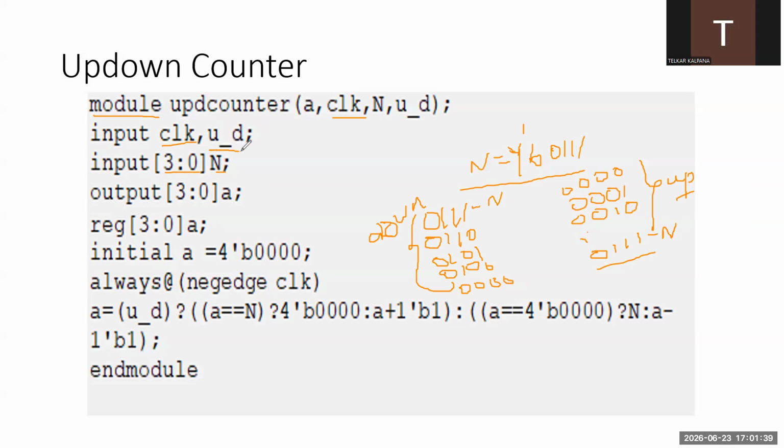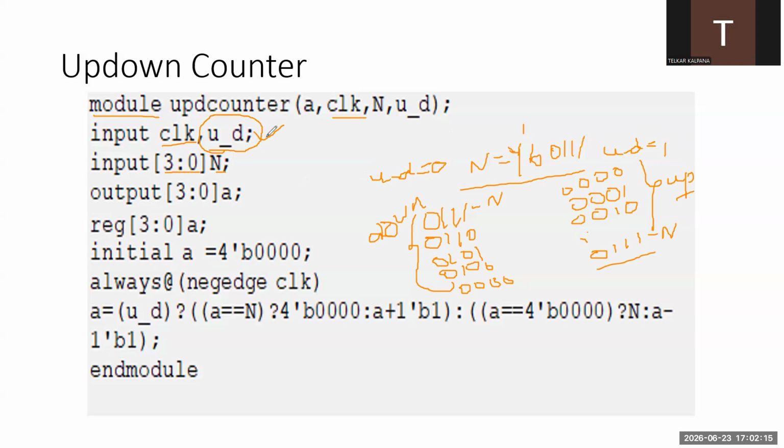Then we have a control signal called U underscore D. If U underscore D equals 1, then up count will take place, and if U underscore D equals 0, then down count operation will be performed.